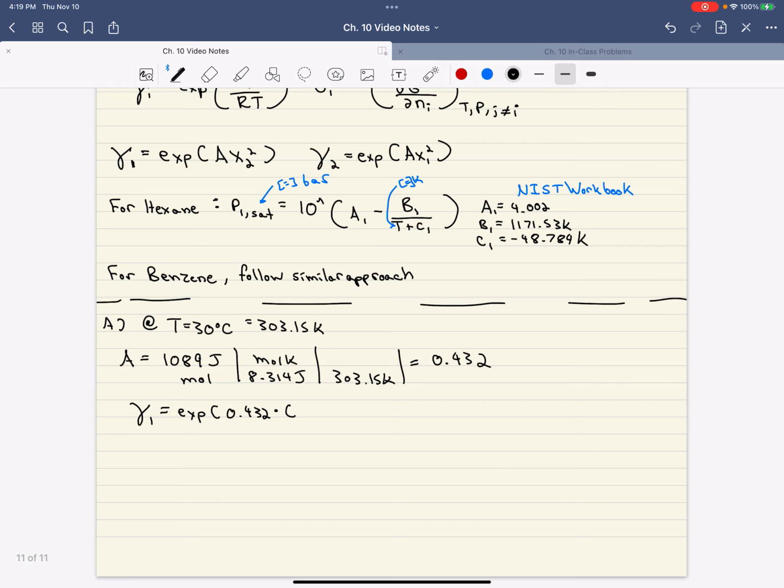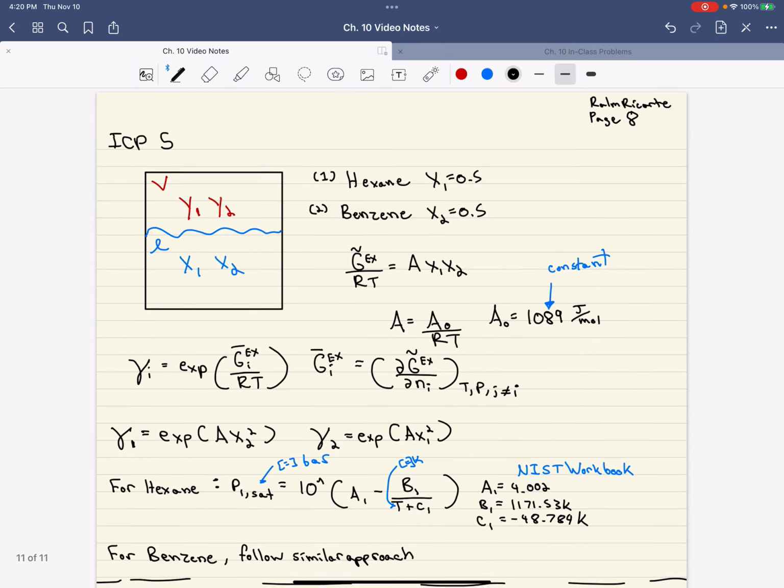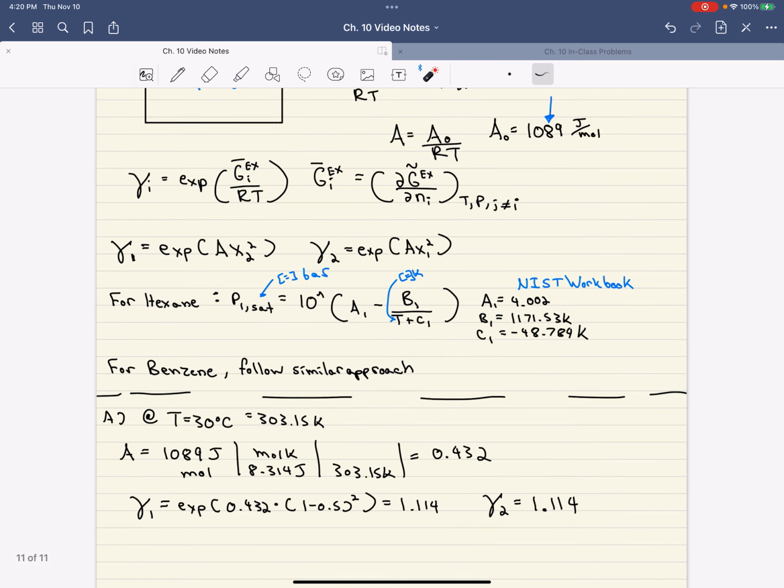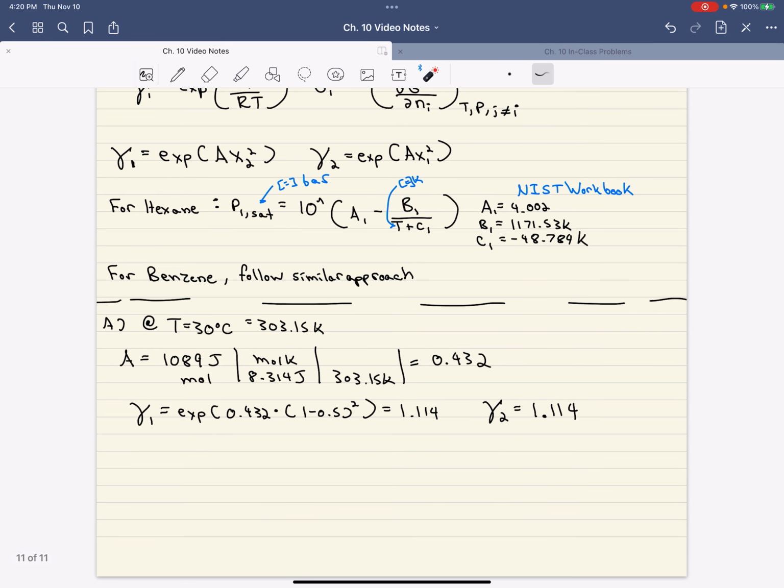So this is going to be 1 minus 0.5. And we find that gamma 1 is 1.114. Similarly, if we plug in for gamma 2, because we're dealing with an equimolar system, it also just ends up being 1.114. If x1 and x2 were different, then gamma 1 and gamma 2 would also be different.